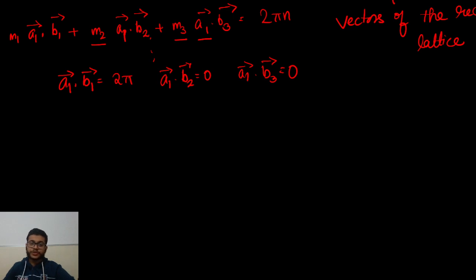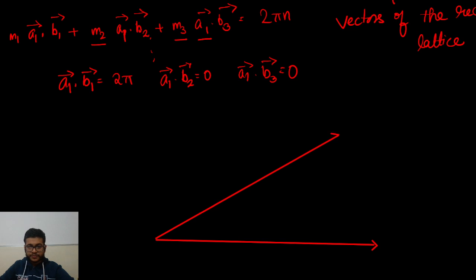So basically, let's say we have one vector a1, one vector a2, and one vector a3.